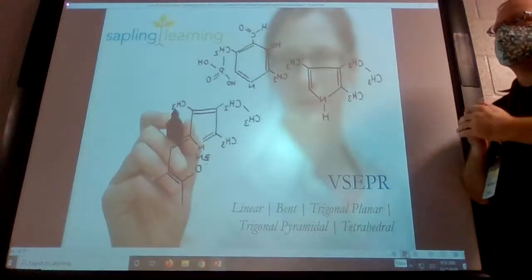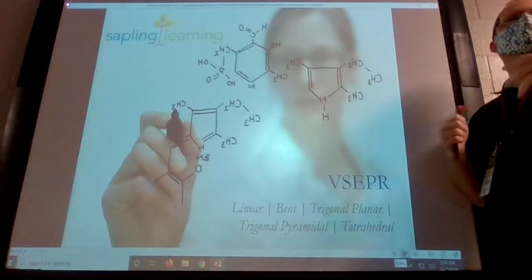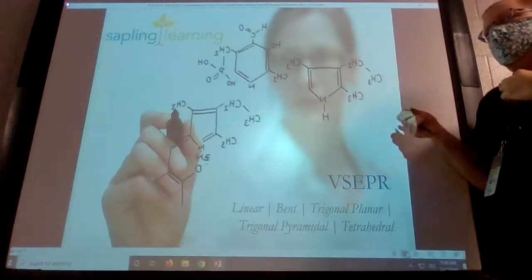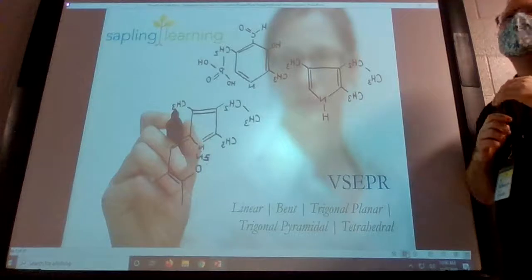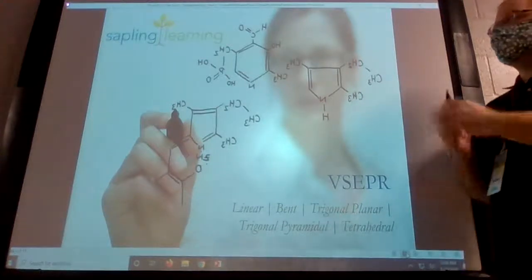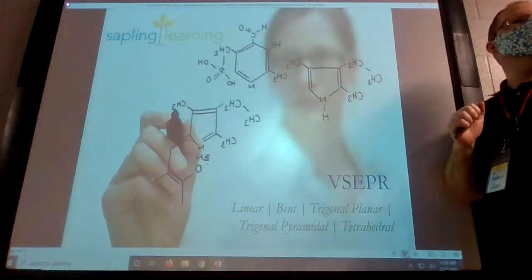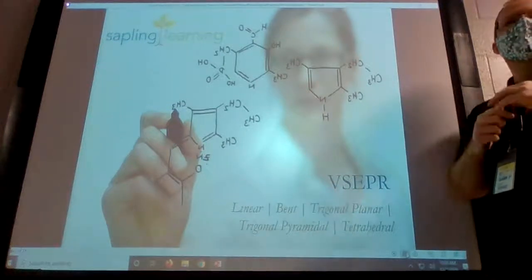The shape of your molecule is going to help determine how it combines with other elements, whether it can or cannot combine with other elements, and in general, what kind of properties it has. And so shape is very important, and it's great if we have a way that we can determine the shape of a molecule without having to stick it under a super high-powered microscope and actually see it with our eyes.